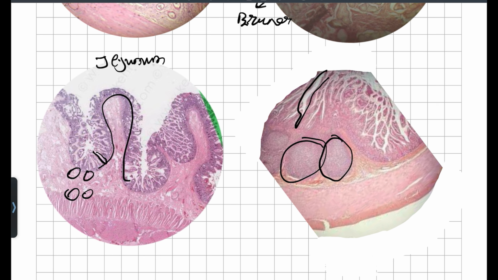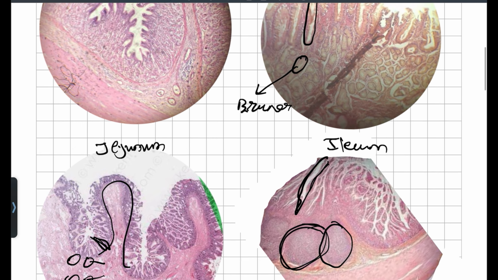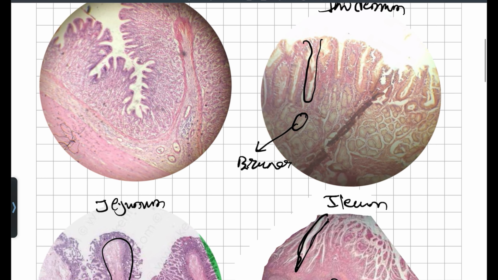So by this we can identify ileum. Main identification points: we have deep crypts or villi and lymphatic follicles. For jejunum, we have deep crypts and no Brunner's glands and no lymphatic follicles or Peyer's patches. For duodenum, we have deep crypts and Brunner glands present.